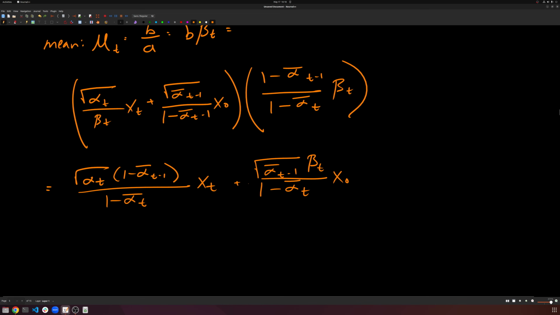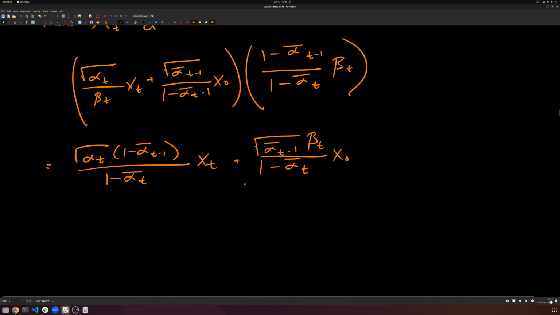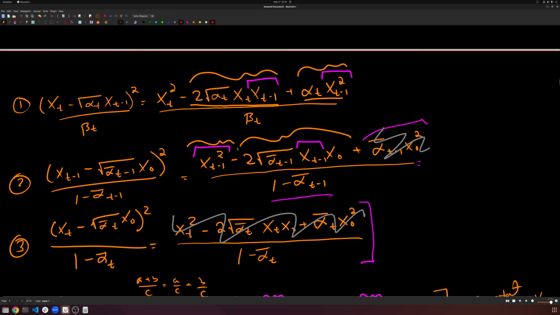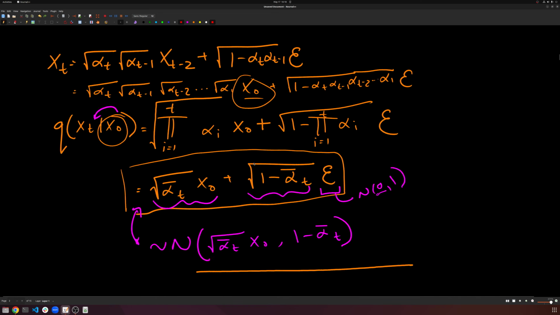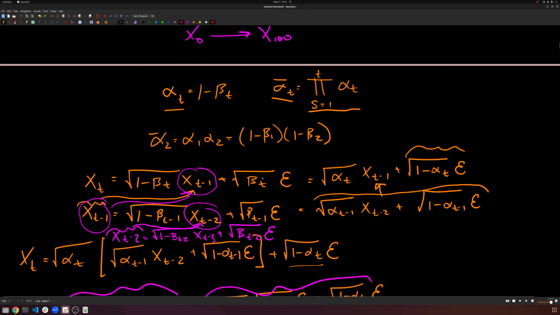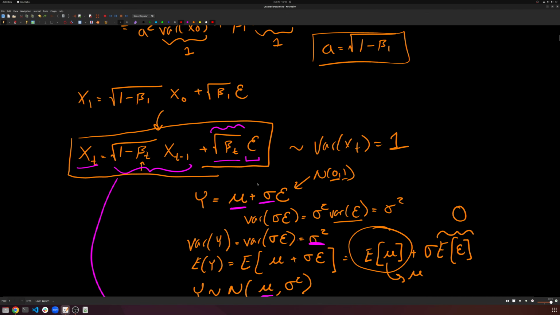And now we have a little bit of work to simplify this. So the first thing we want to remember is xt, a reminder from before. We solved this earlier. I think we wrote it right at the beginning.